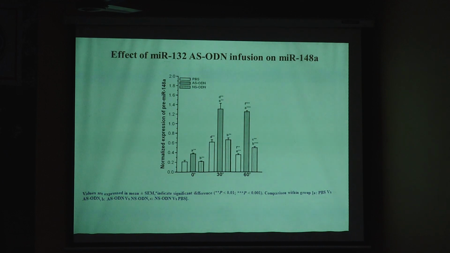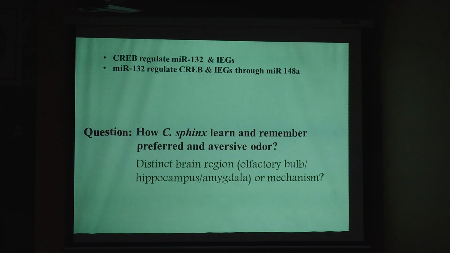One is going down, the other one is rising up. So this gave an idea, so we move to the next stage: whether this opposite interaction of 132 and 148A has any specific function.